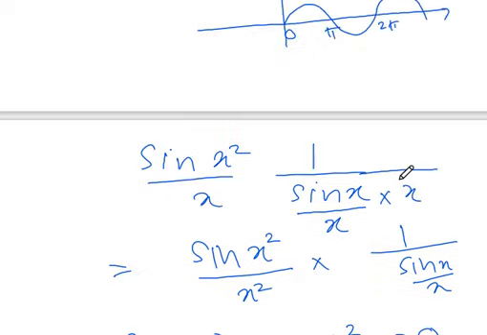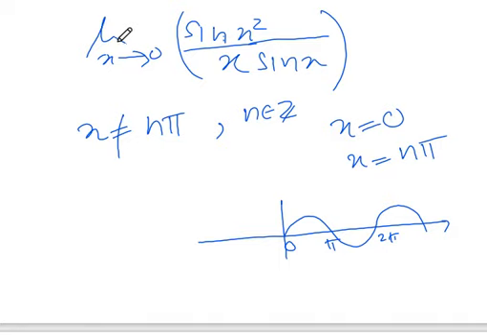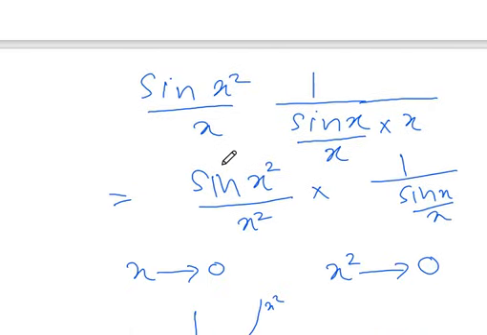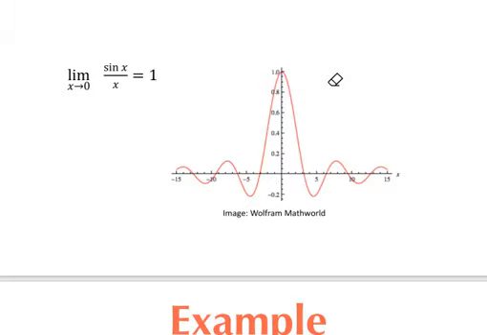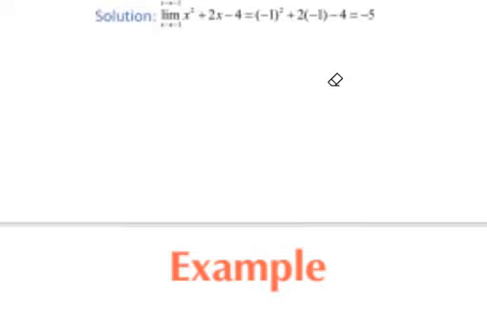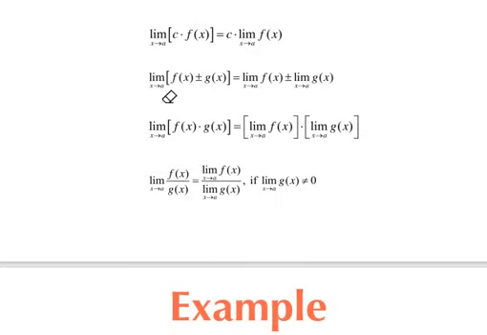So now let's take the limit here as x tends to 0. So you have the product of two functions. So we use this theorem here: the limit of a product of two functions is equal to the product of their limits, right?